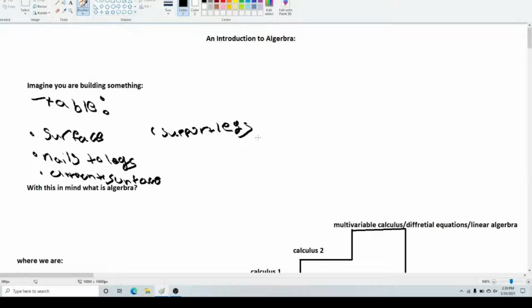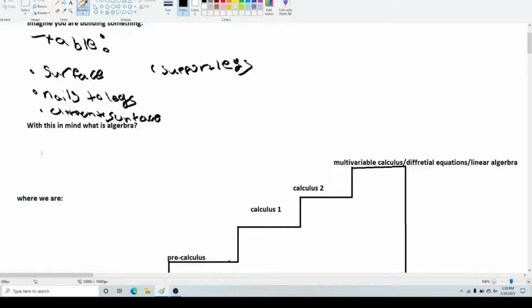So taking this idea, how does this relate to algebra? In the past, you studied arithmetic, and all throughout your grade school, you studied pre-algebra.